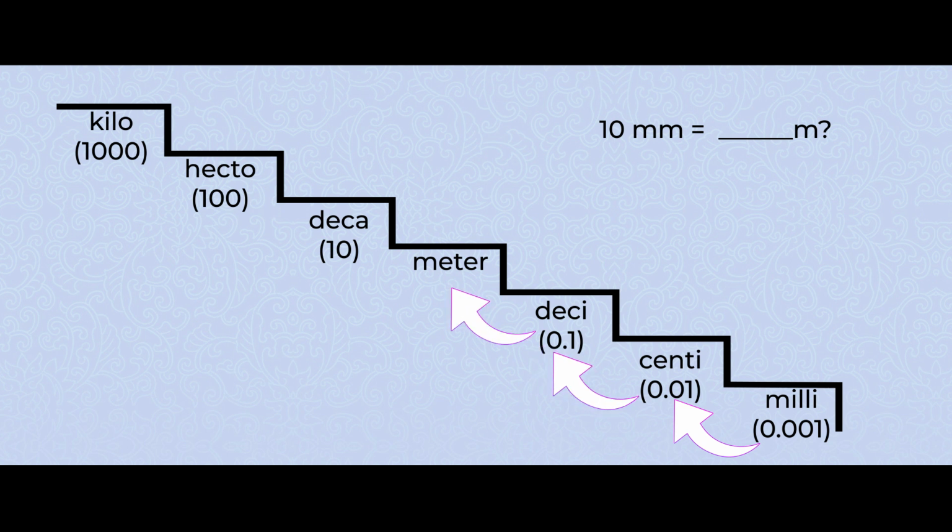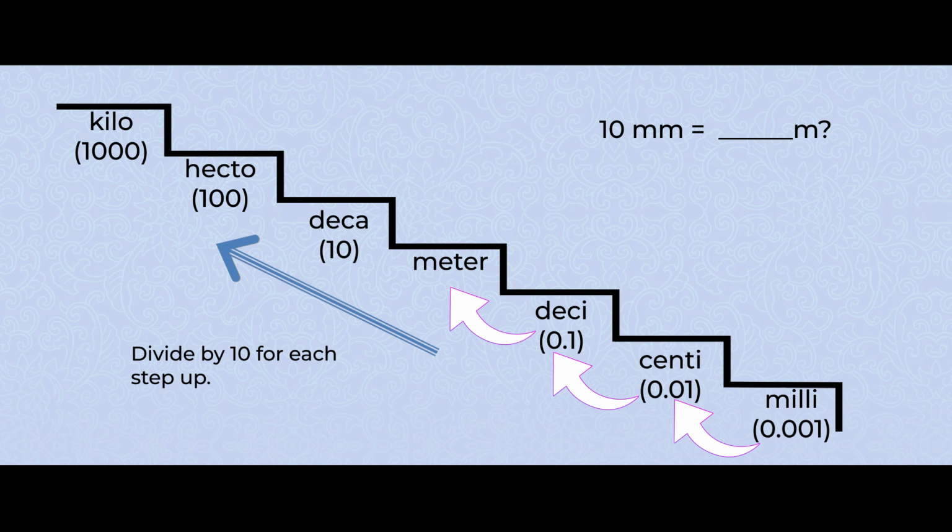From deci, only then you get to meter, that is third step, which means you need to multiply 3 times by 10. 10 times 10 times 10 is 1000. So as you are converting from smaller unit to bigger unit, you need to divide.